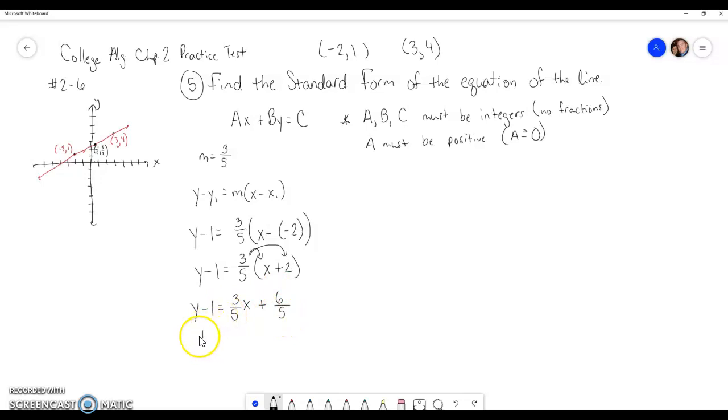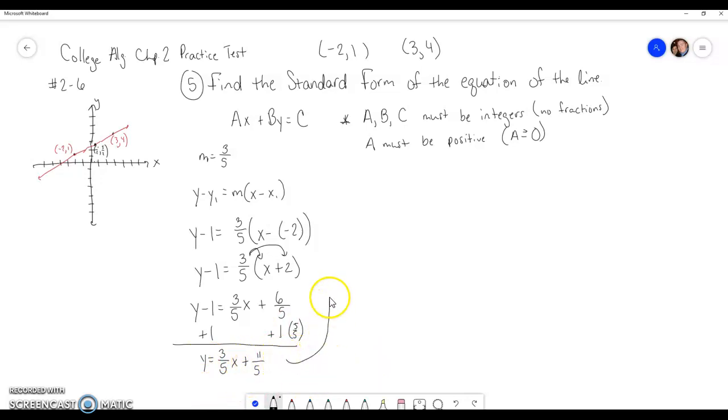And I'm going to add 1 on both sides. So I get that y is equal to 3/5 x. 1 is the same as 5 over 5, and so 6 plus 5 is 11 over 5. When I'm adding fractions, if they have the same denominator, I keep the denominator and I add my numerators.